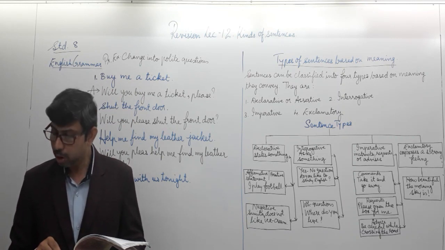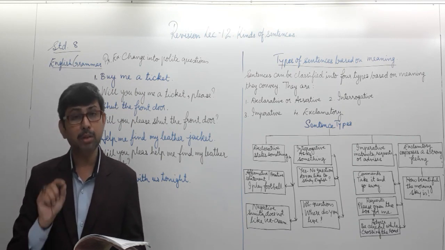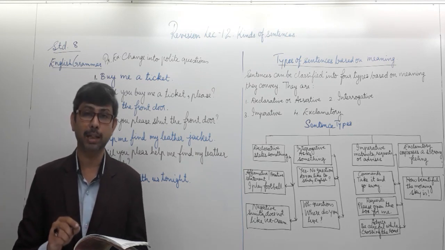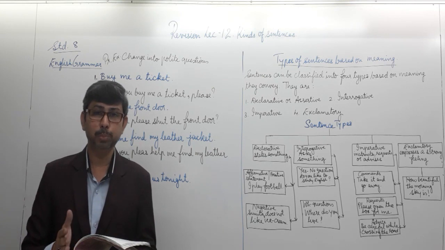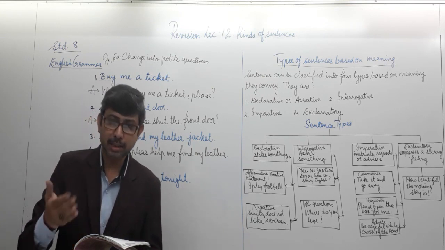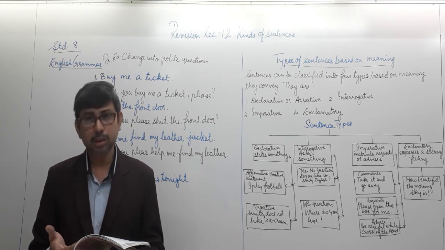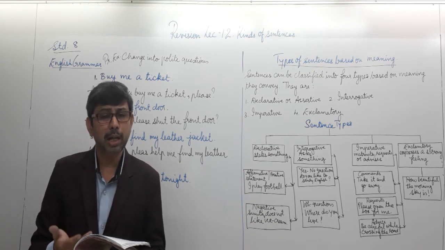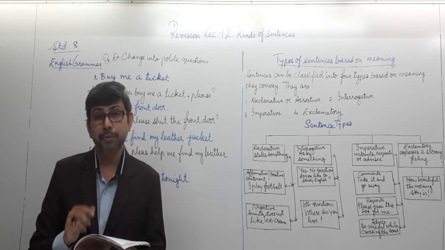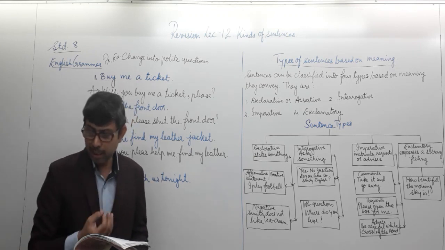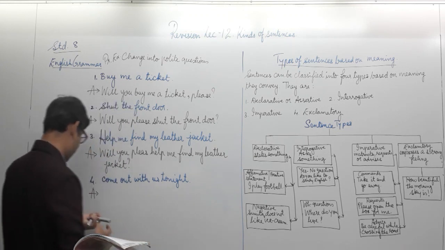Would you like to come out with us tonight? You see, we added a word over here while changing it into a polite question. Would you like? Not simply using will you please. You're not telling someone just come out. You are conveying, come out with us tonight. So you're giving someone a kind of free advice. Free advice is now being changed into a polite question.